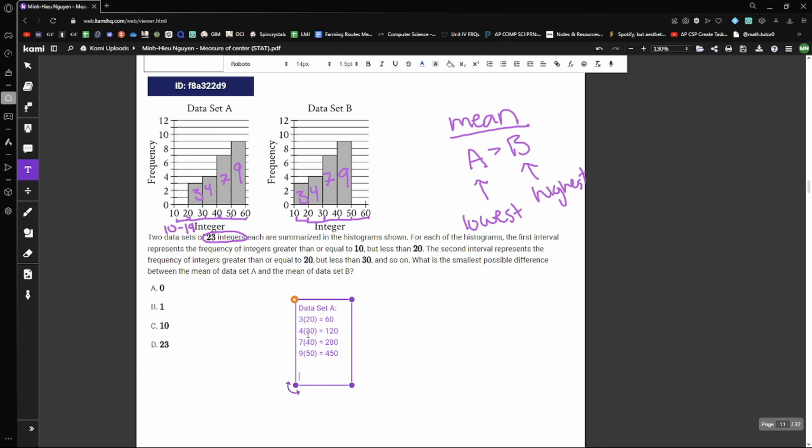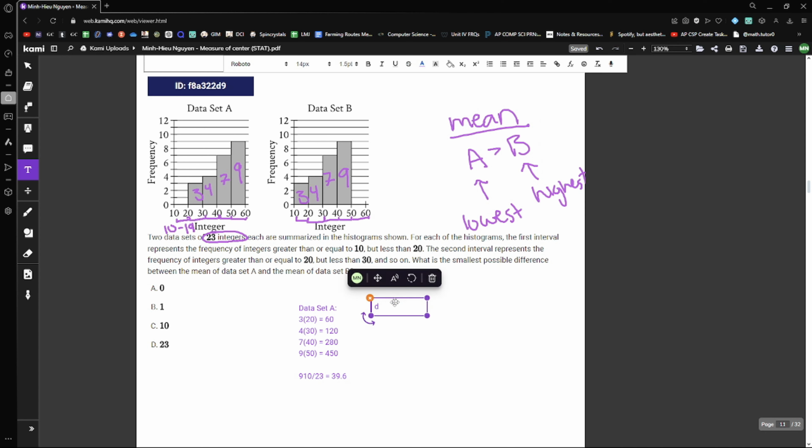Now we're gonna add that all up and divide that by 23, because there's 23 integers. That is equal to 910. Divided by 23 is 39.6.